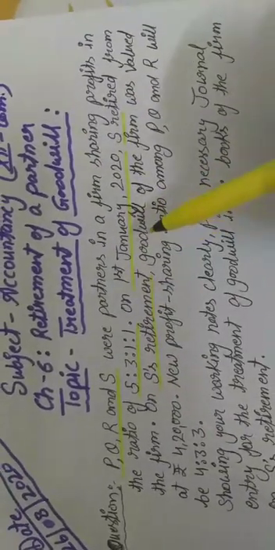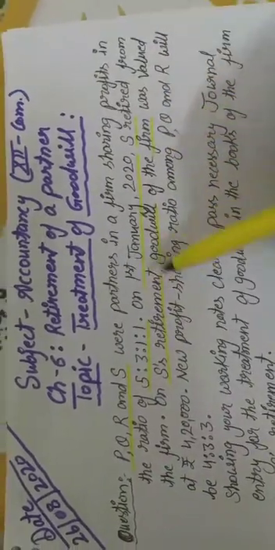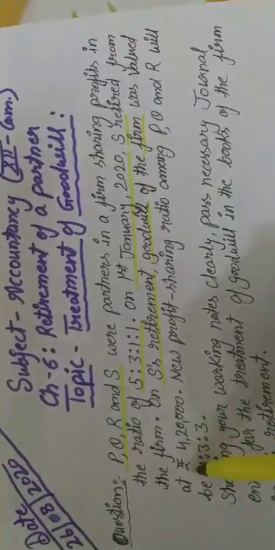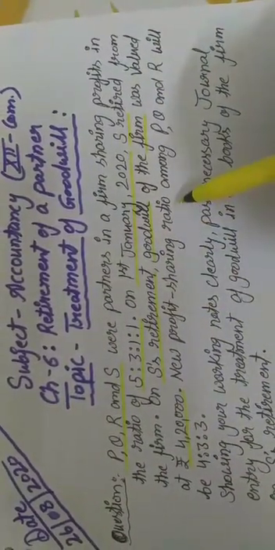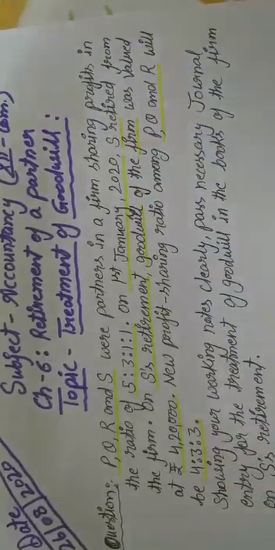S is retiring from the firm, and the goodwill is not S's goodwill, it is the goodwill of the firm, valued at rupees 4,20,000. New profit sharing ratio among P, Q and R will be 4 : 3 : 3.